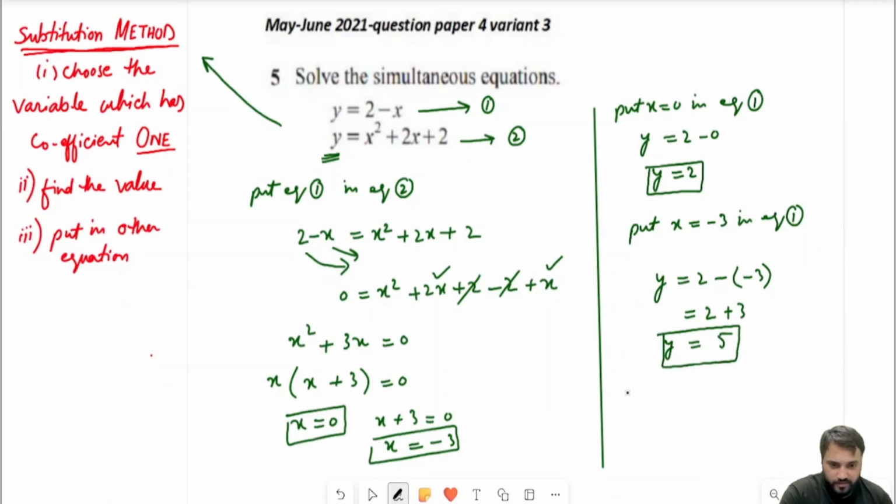You can verify it. I'm going to show you how again, that is y is equal to 2 minus x. Our first pair of answers, x is equal to 0 and y is equal to 2. I'm going to put it here. The value of y is 2. Value of x is 0. So 2 equal to 2.